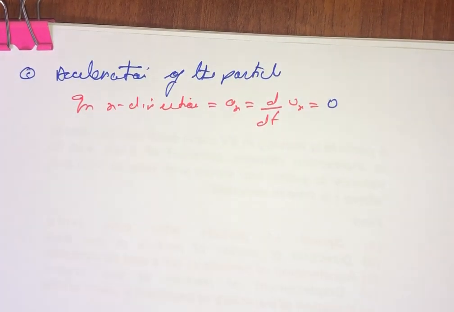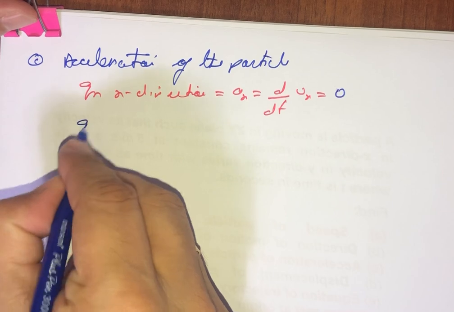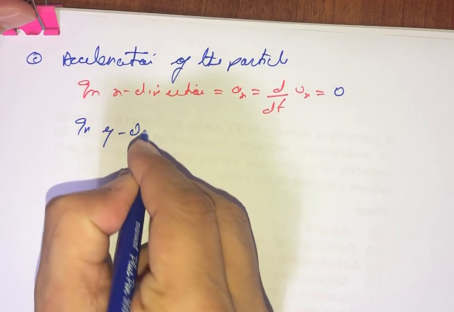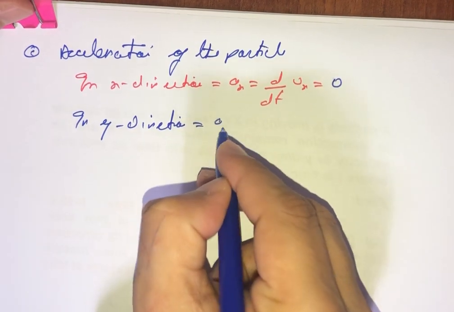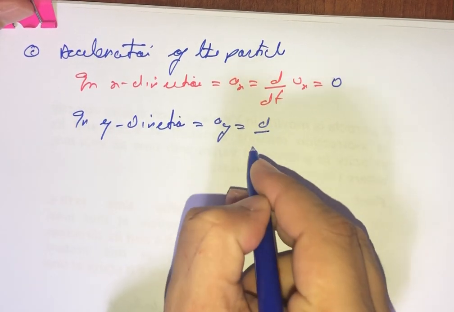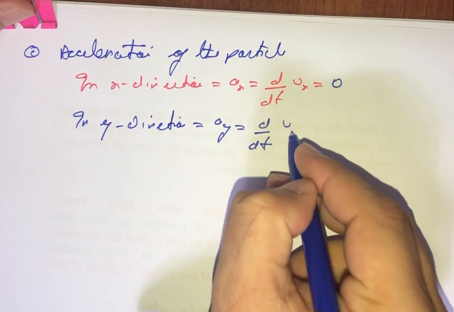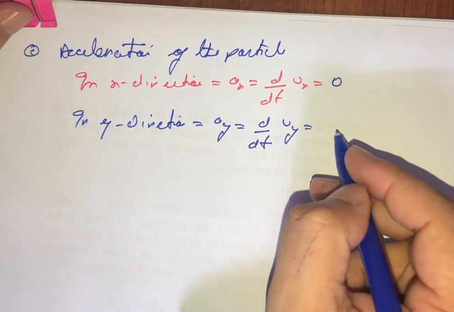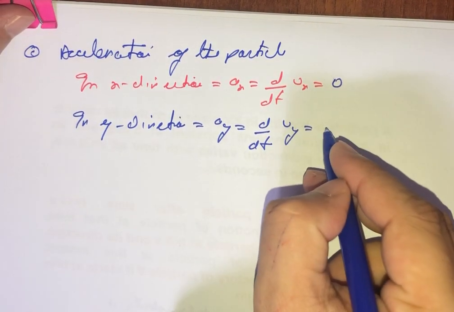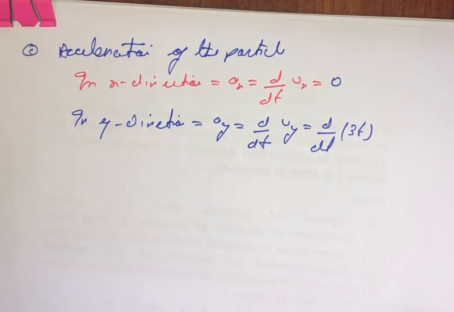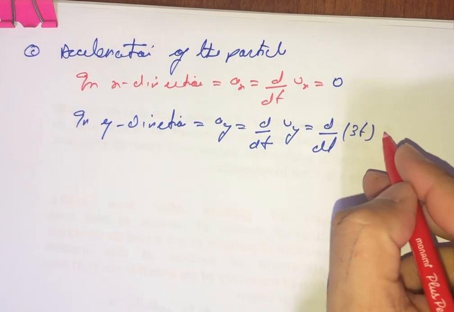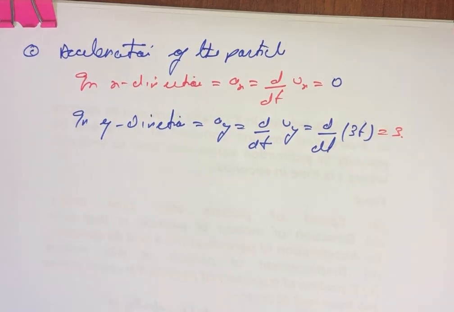And in y direction, let us call it ay, which is the derivative of the y component, that is 3t, so this will be the derivative of 3t, which will be equal to 3.